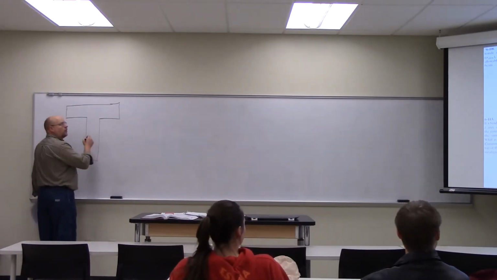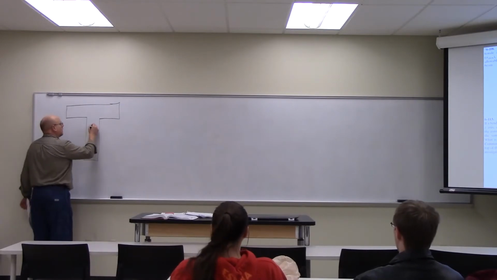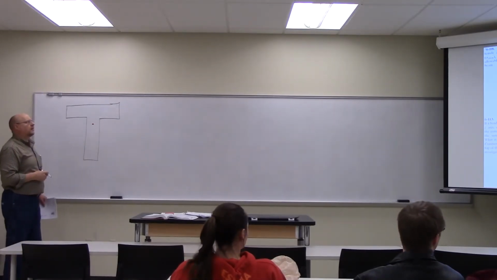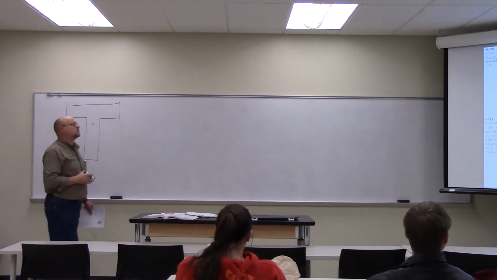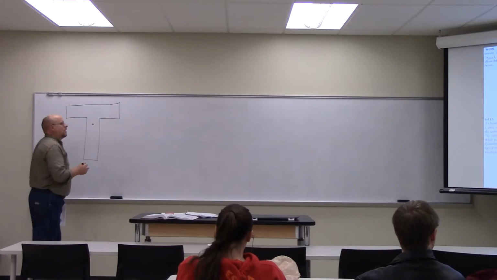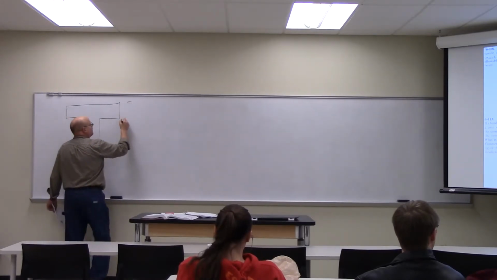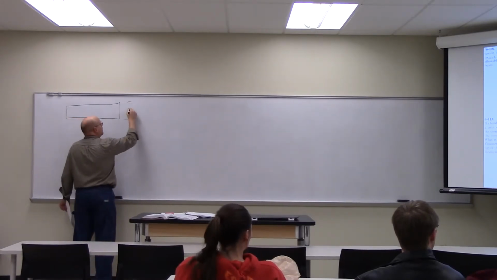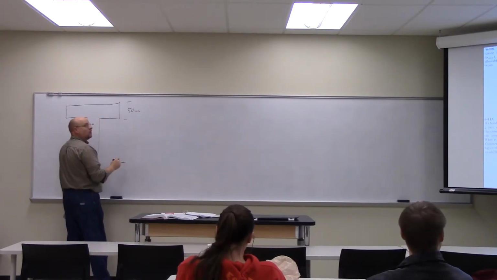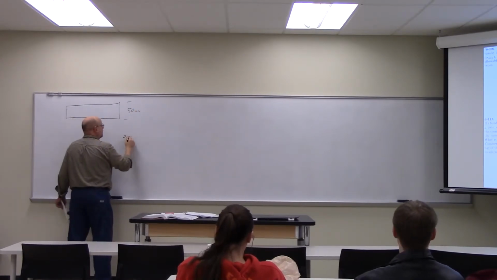Okay, so first of all, we're going to find the centroid about which they're applying this moment. They have not specified the location of the centroid. This dimension is 50 millimeters. This dimension is 200 millimeters.